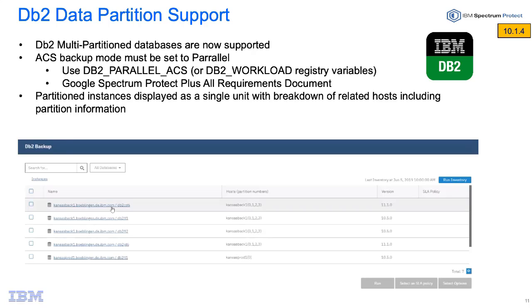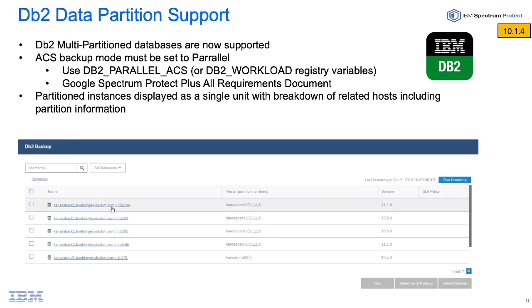Now, there are a couple of prerequisites that I do want to give you a heads up about. First of all, with partitioned DB2 data, you will have to use this DB2_PARALLEL_ACS environment variable or registry variable, or depending on what version of DB2 you're using, you may have to set this DB2_WORKLOAD variable.